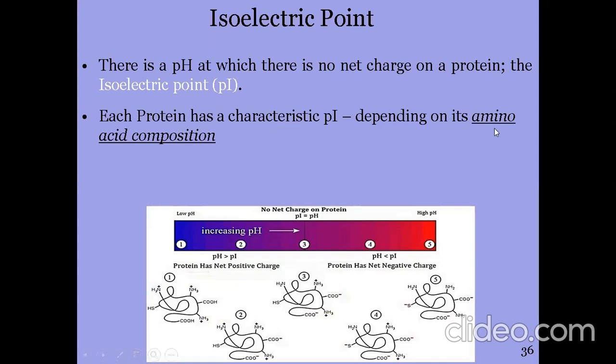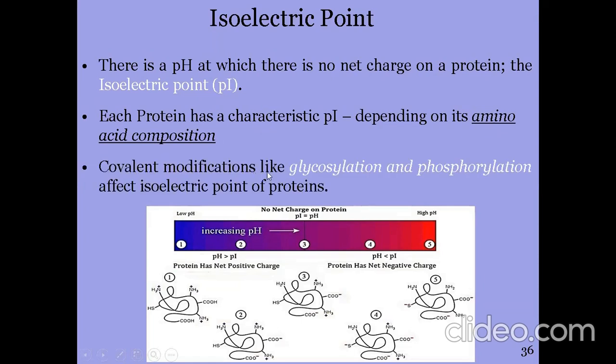Isoelectric point depends upon the amino acid composition, and covalent modifications like glycosylation and phosphorylation actually affect the isoelectric point of the protein. If we have post translation modifications in one protein and in the other protein we don't have them, the same protein will have different isoelectric points.